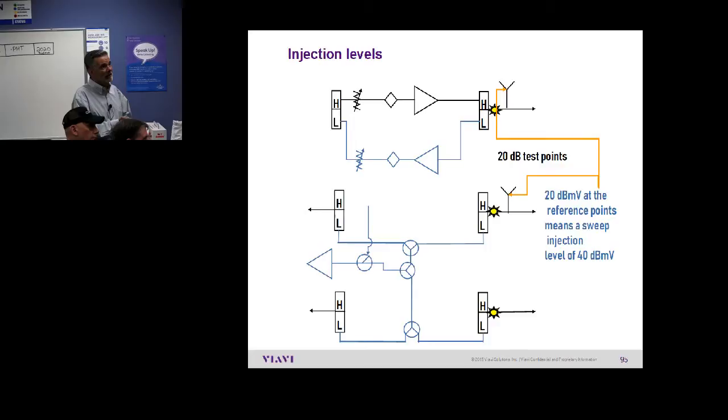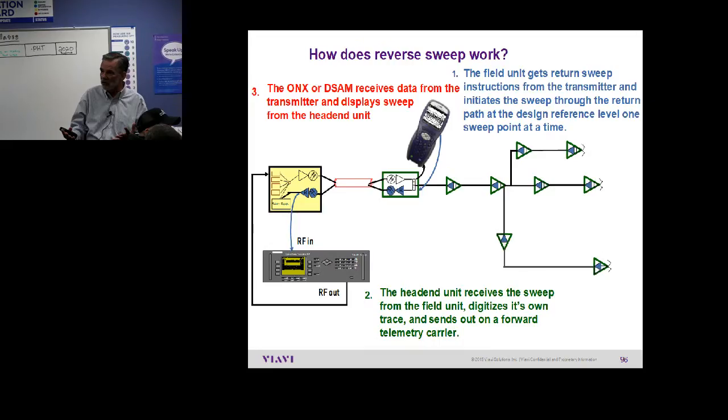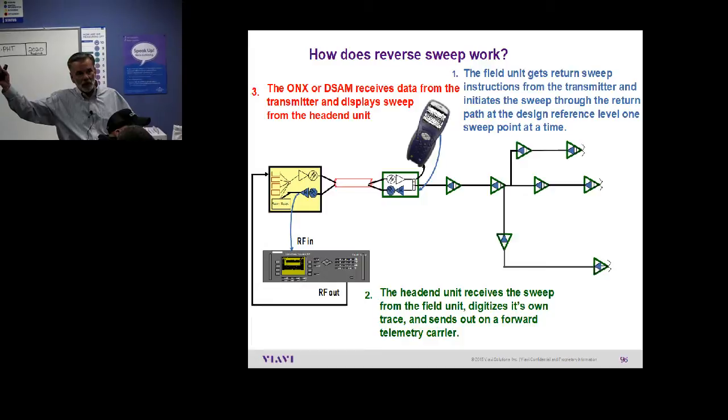One carrier at a time, but it's on, off, moves up a little bit, turns on, turns off. It only injects one carrier at a time, but it injects them so fast across the spectrum that to us carbon-based units, it looks like a sweep trace.